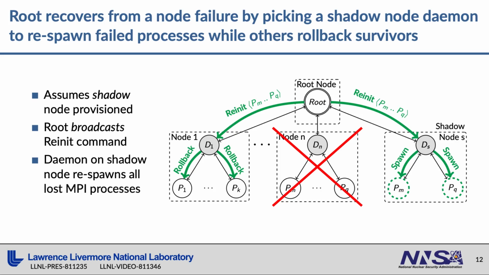When node daemons on surviving nodes receive this command, they roll back their local MPI processes. When the node daemon on the shadow node receives this command, it spawns all the MPI processes that have failed because of the node failure.